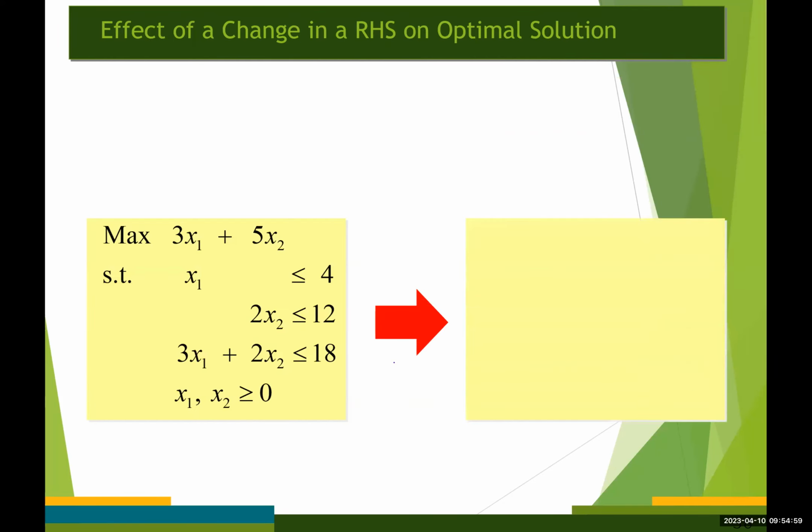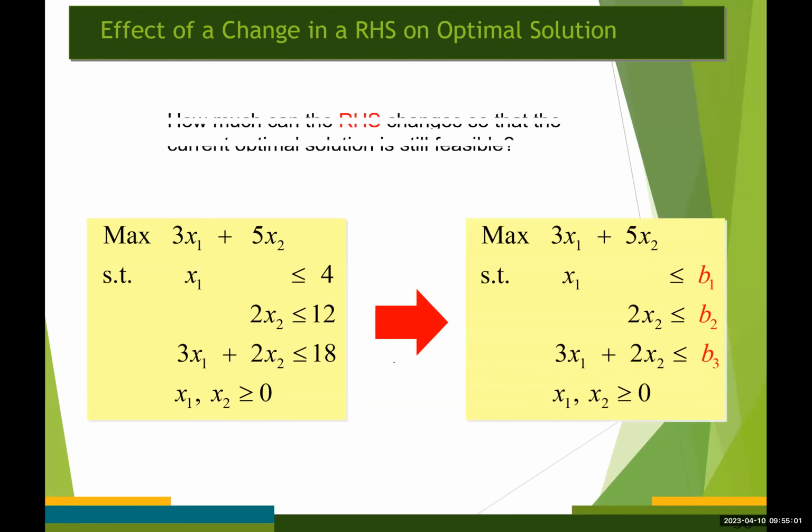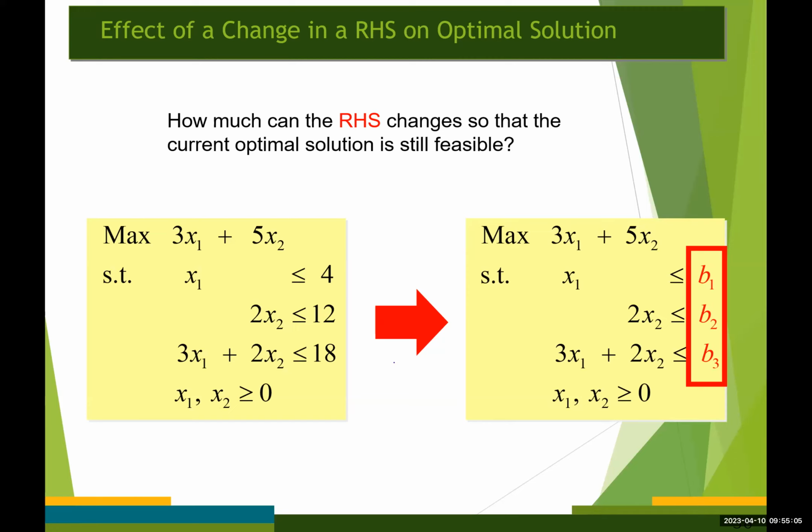Okay, so again, let's use a graphical analysis to investigate this. We are going to determine whether a change in the right-hand side value of a constraint will make the current optimal solution infeasible.